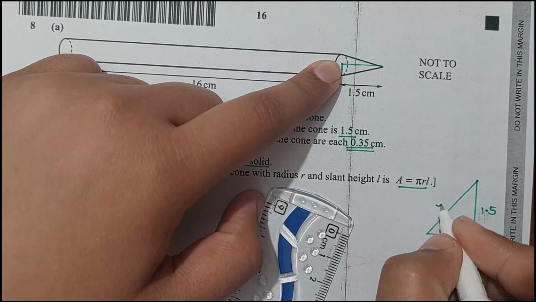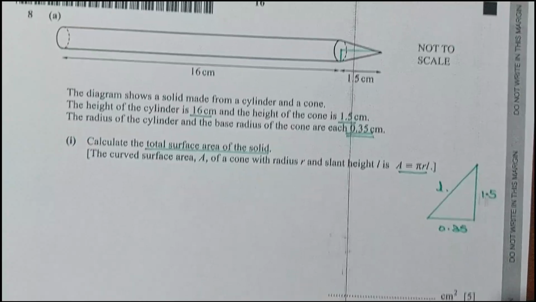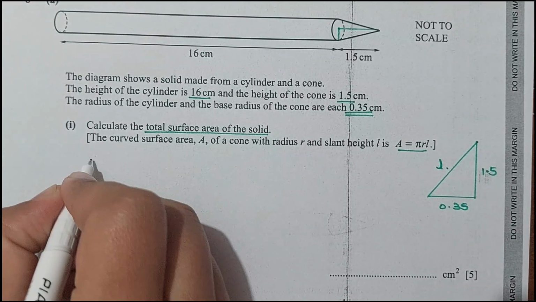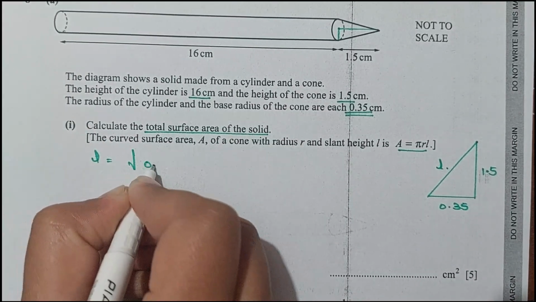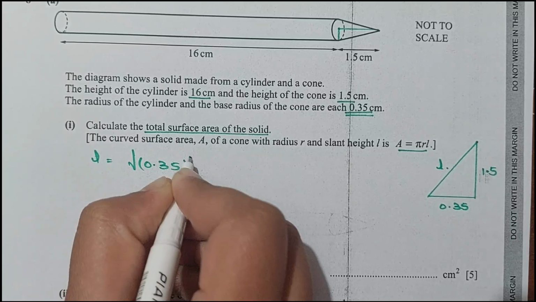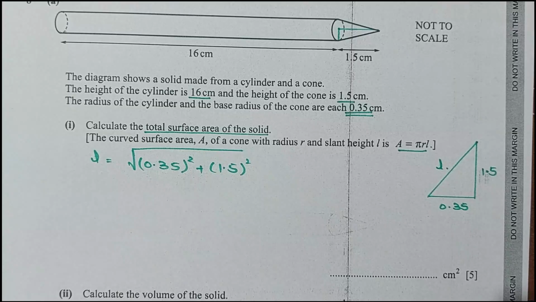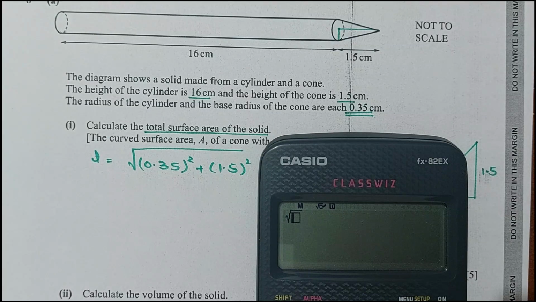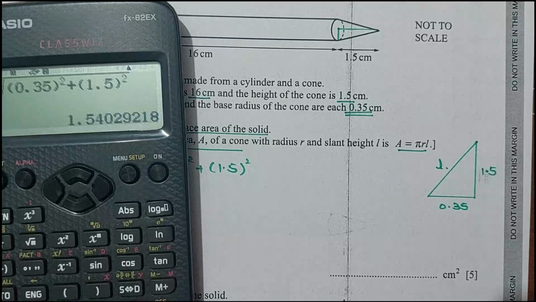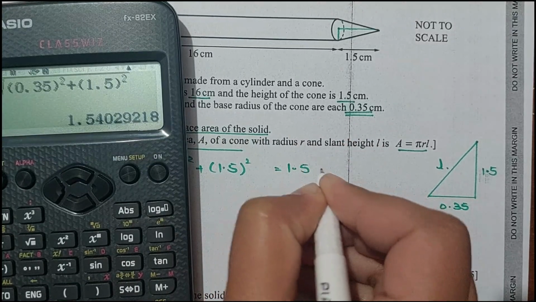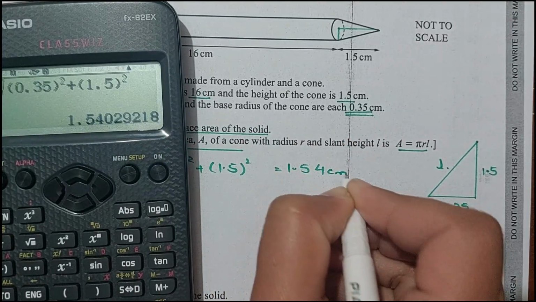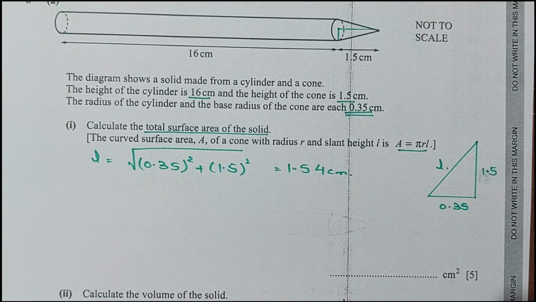We have to find the slant height l. So l is the square root of 0.35 squared plus 1.5 squared. This is going to be 1.54 centimeters. This would be the slant height.